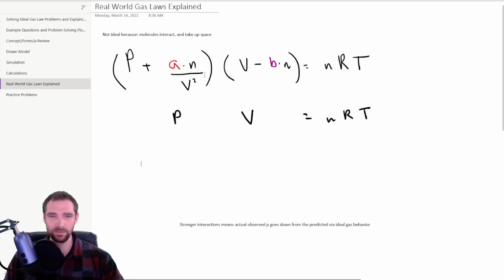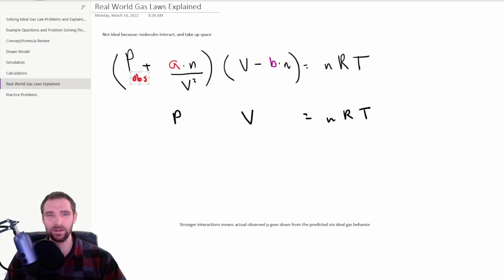You've got this stuff here, which is correcting to make things actually relate to reality, because the value that you're going to be plugging in here would be the observed pressure. Sorry, I'm going to try and make that red. So you've got this observed pressure that's being corrected by this A value. So pressure is going to be affected a little bit because we've got these molecules that are interacting.